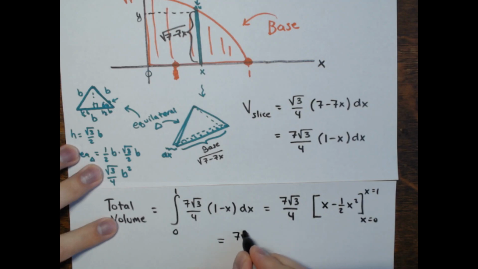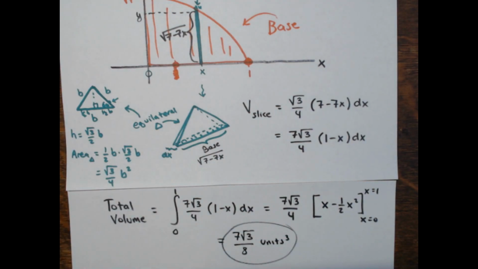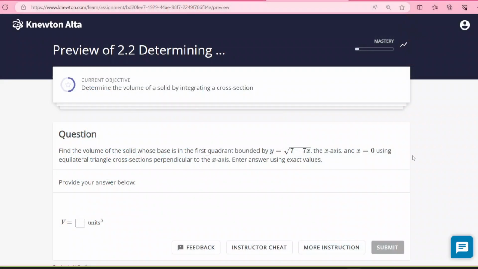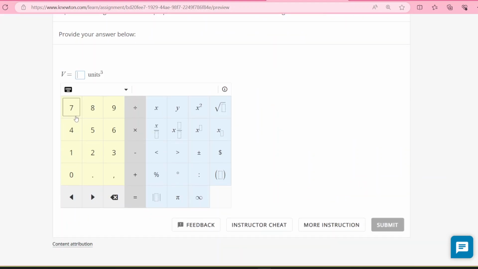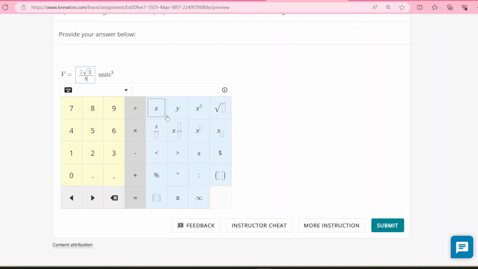So you have 7 square root of 3 over 8 cubic units for the volume of the solid they are describing. All right, so let me enter that. So 7 square root of 3 divided by 8 cubic units.